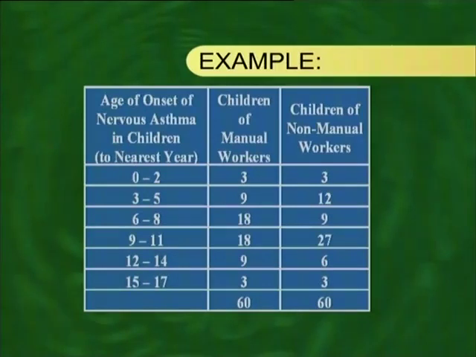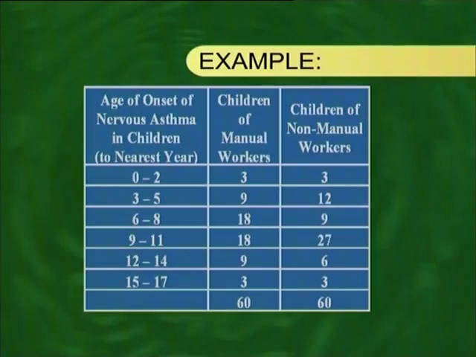As you see on the screen, the data regarding the children of manual workers has frequencies 3, 9, 18, 18, 9 and 3 corresponding to the age groups 0 to 2, 3 to 5, 6 to 8, 9 to 11, 12 to 14 and 15 to 17 years.